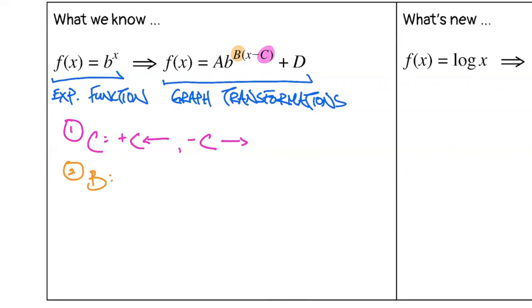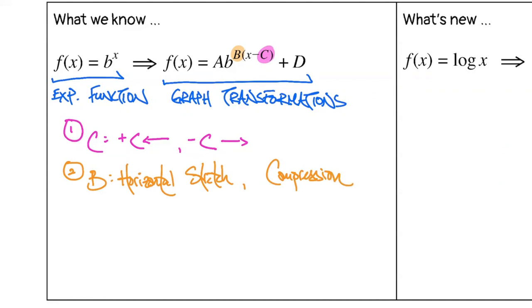The B can stretch or compress the horizontal part. Yes, good. All right, so I see that Dallas has put in here that it's a stretch or compress. I agree with that. We want to be a little bit more specific in that this is a horizontal stretch or compression.